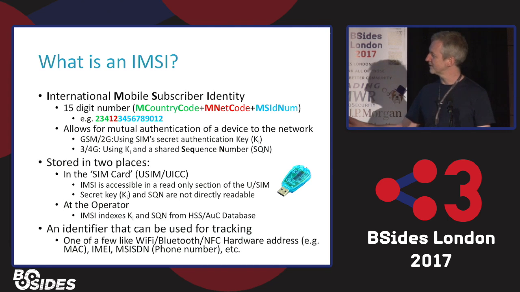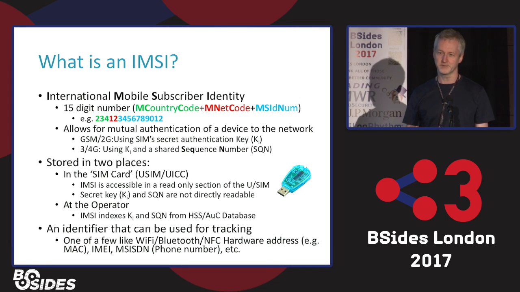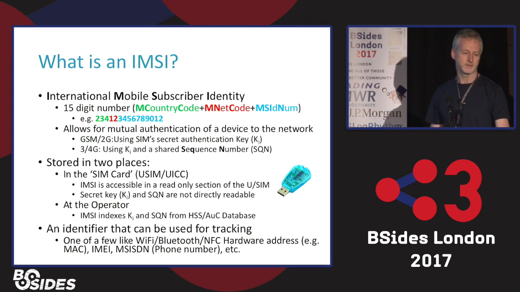And then you've got what's catchily named the MS-ISDN, which is just another word for your phone number. Things like MAC addresses are starting to see a bit of privacy work, so you're starting to see randomization of MAC addresses on Wi-Fi on the later versions of mobile OSs like iOS and Android, and you'll see it on some versions of Linux, depending on which drivers you're running.